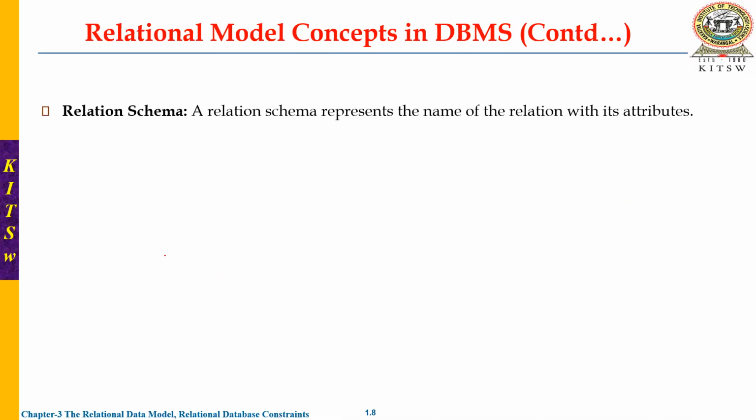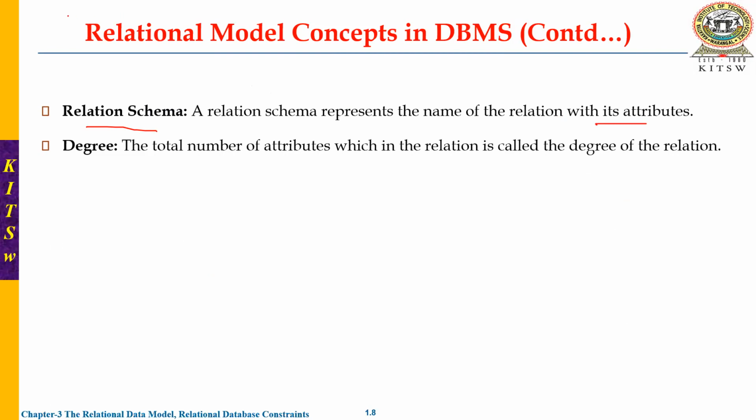Relational model concepts in DBMS. The next one is the relational schema. A relation schema represents the name of the relation with its attributes. Next one is degree. The total number of attributes in the relation is called the degree of the relation.